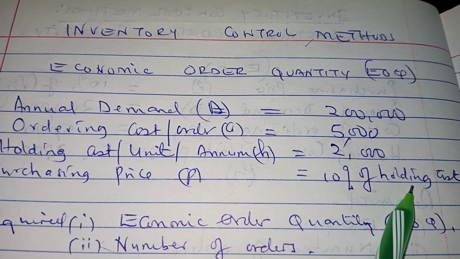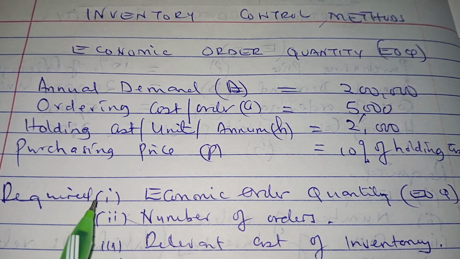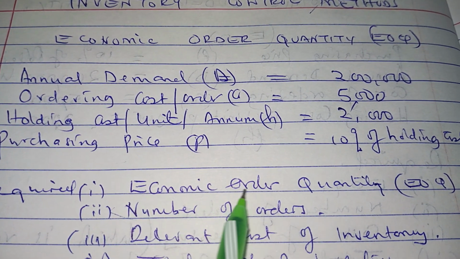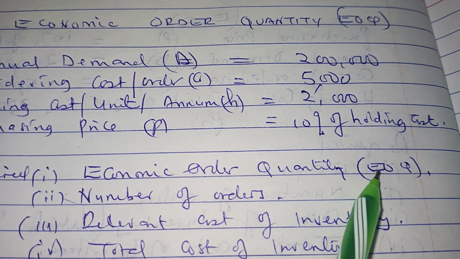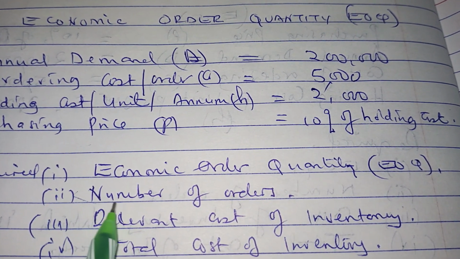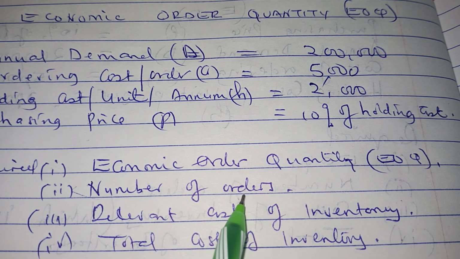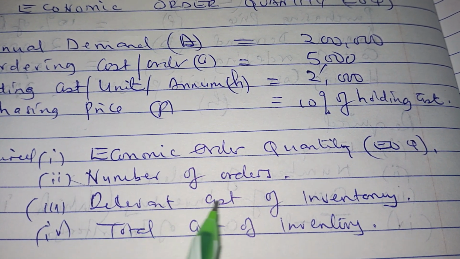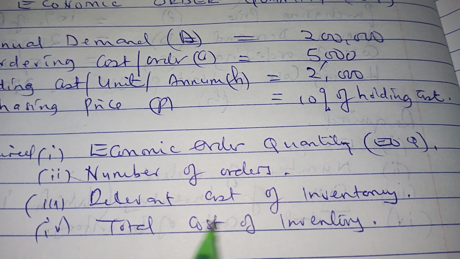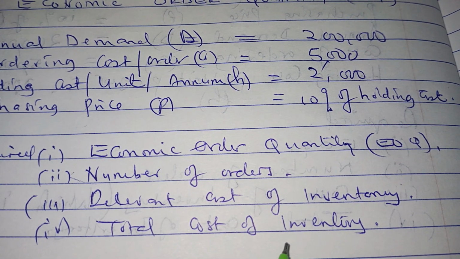You are required to get one, the economic order quantity EOQ, two, the number of orders, three, the relevant cost of inventory, and finally, the total cost of inventory.